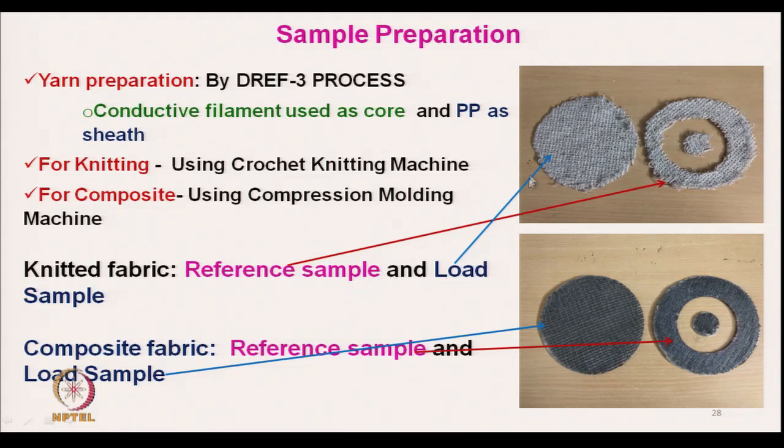This is the circular load sample, and the reference sample is an annular ring with a small circular portion at the same center, and the composite fabric was of similar shape. This is for the load sample, and the other is for the reference sample.